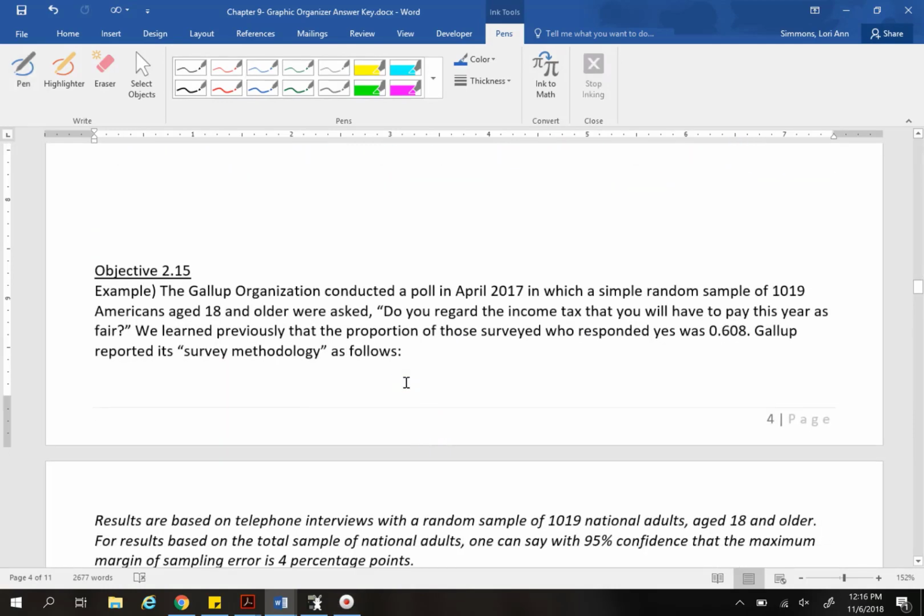So the Gallup organization conducted a poll in April 2017 in which a simple random sample of 1,019 Americans age 18 and older were asked, do you regard the income tax that you will have to pay this year as fair? We learned previously that the proportion of those surveyed who responded yes was 0.608. Gallup reported its survey methodology as follows.